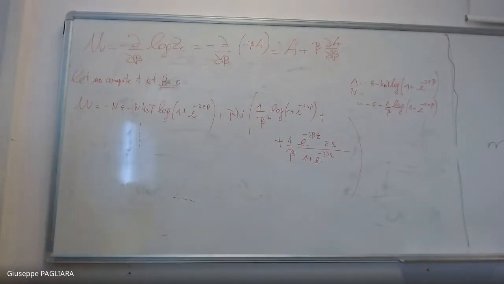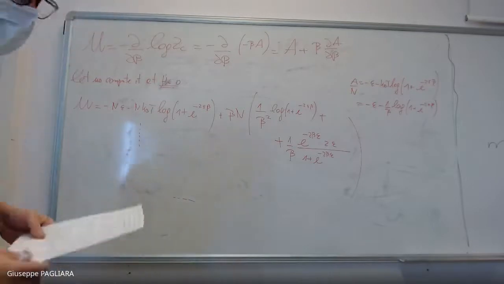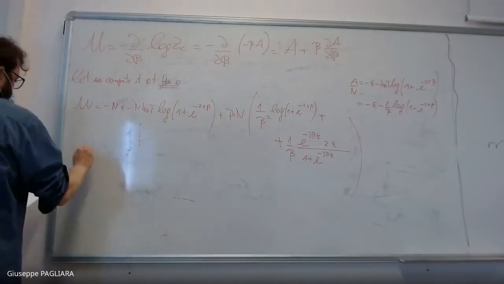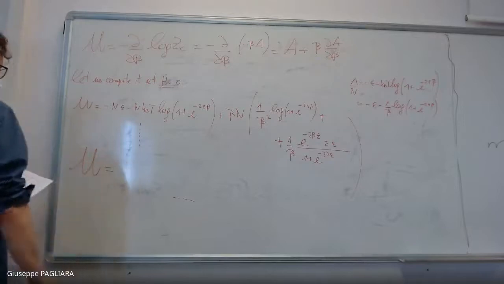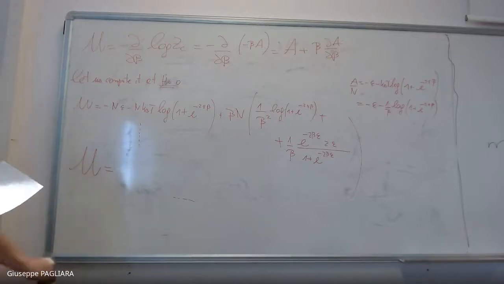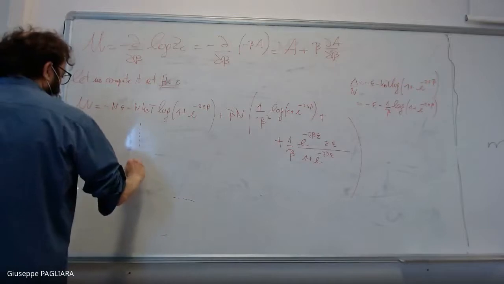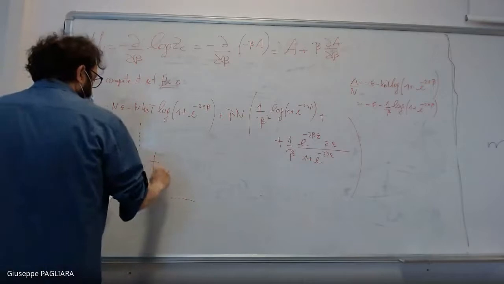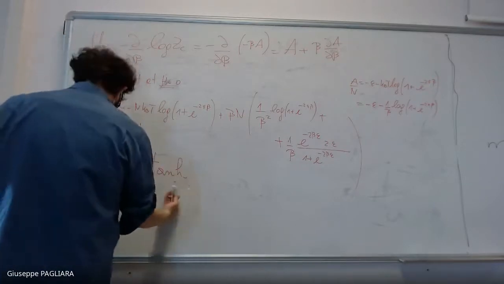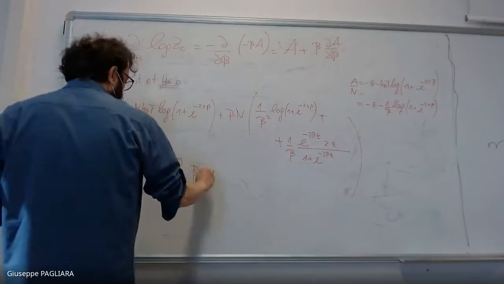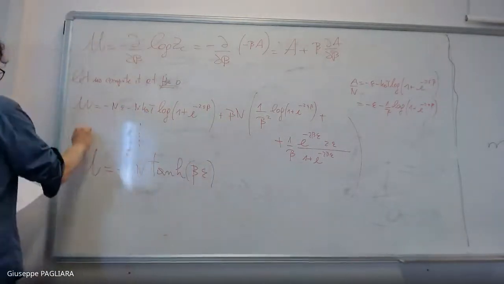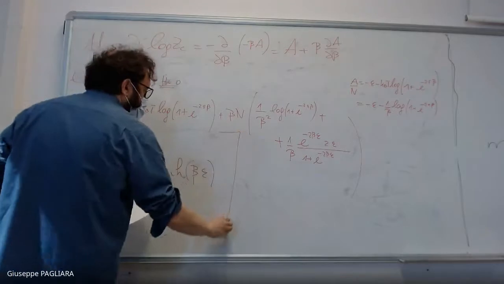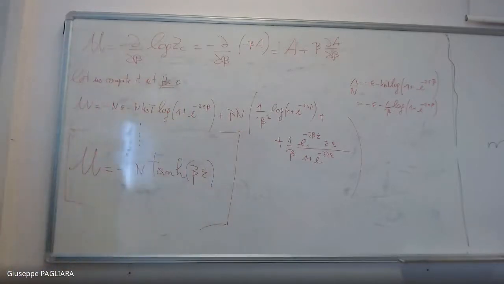At the end, one finds this expression, which is very simple. U is equal to minus epsilon N times tanh of beta epsilon. So this is the internal energy: minus epsilon N times the hyperbolic tangent of beta epsilon.